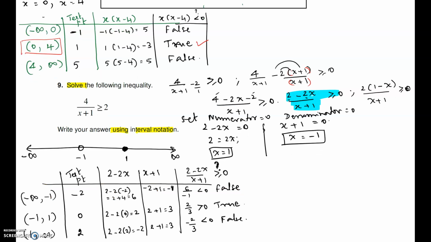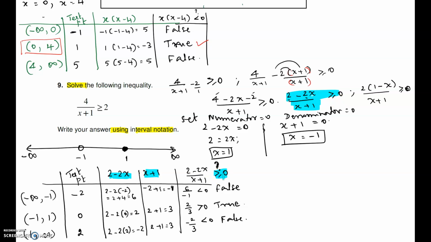We have taken -∞ to -1, and a test point in that one is -2. The inequality that we have to check is this ratio, (2 minus 2x) over (x plus 1). If the ratio is greater than or equal to 0, it is a true statement.